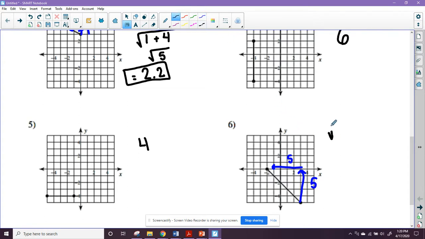So we're going to do the square root of 5 squared plus 5 squared. 5 squared is 25. Still the square root of it. 25 plus 25 gives us 50. And we have to find the square root of 50. And so by using our calculator again, the square root of 50 is 7.07, which, if we round, is 7.1.